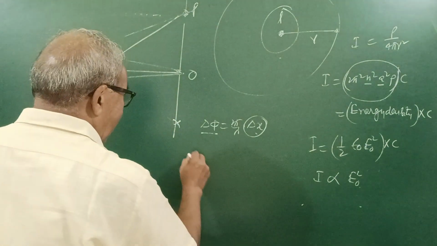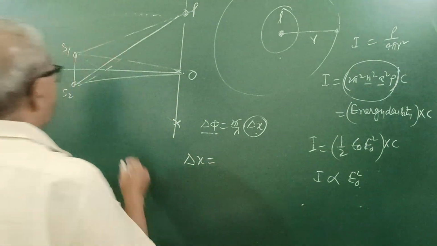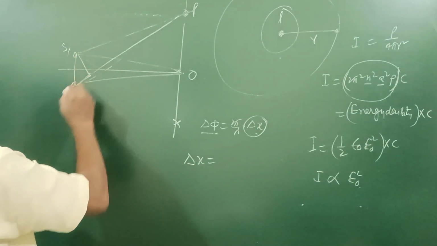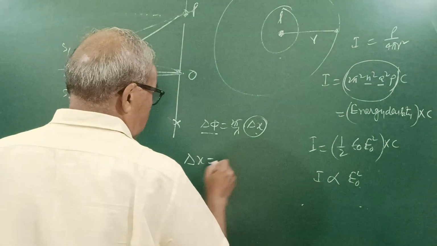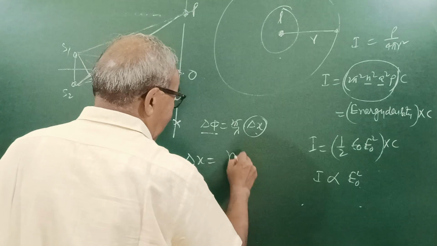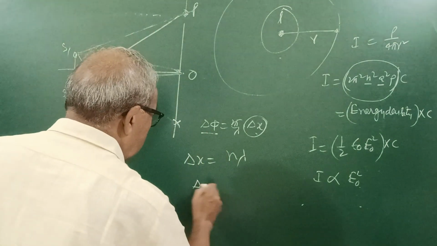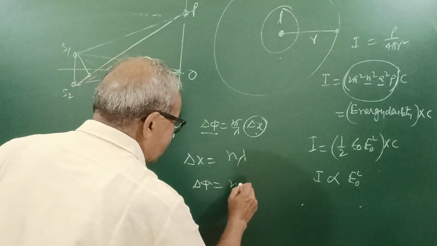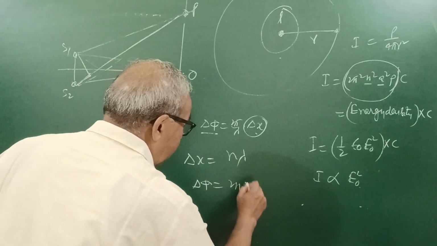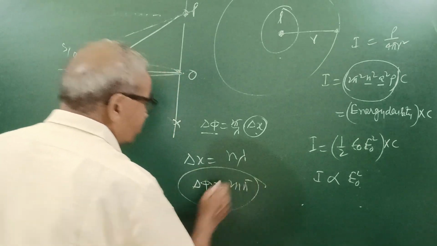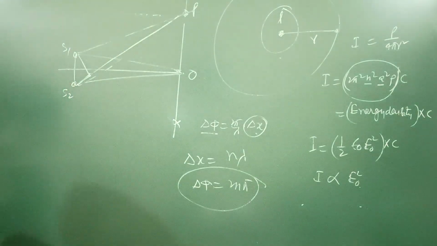So if delta x, the path difference, is equal to n lambda, then delta phi will be 2n pi, a phase difference of even multiple of pi. A phase difference of even multiple of pi means same phase.